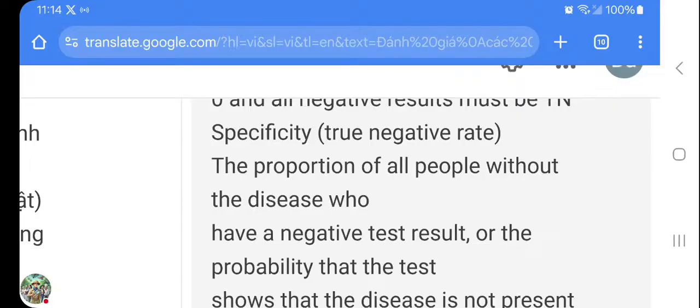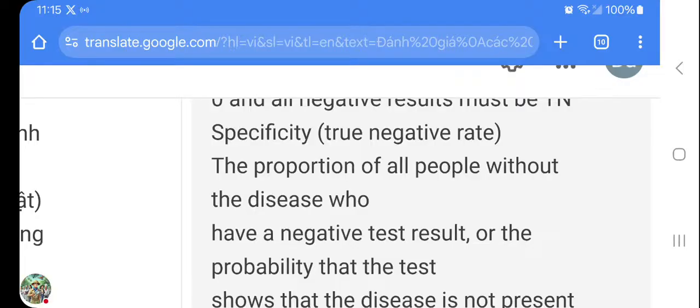What is a false positive again? A false positive is a healthy person, but then the test comes up with a positive result. That's dangerous for those people, right? Because actually they don't have disease A, B, C like that, but the test says positive.